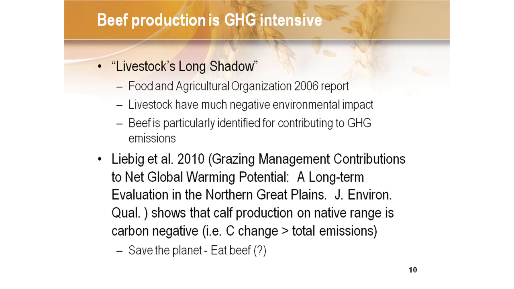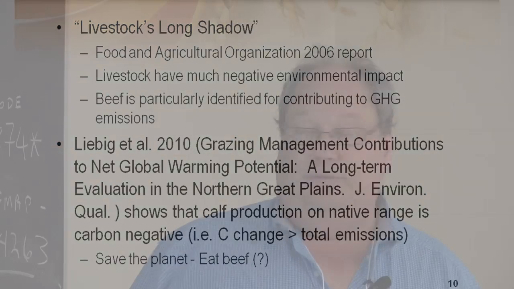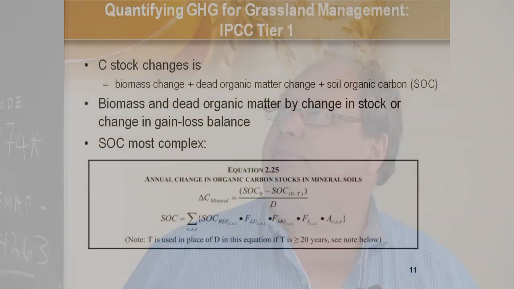But in Liebig's famous paper, the carbon change in that particular study was so large, overwhelming other emissions, that in fact you could produce the calves coming off the grass as carbon negative, saying it's a net sink to be producing calves, which wouldn't be the case if you were producing crops on that. That's not the entire life cycle of beef production, but it does point out how, if we can get this right, it has important implications for the beef industry as well.